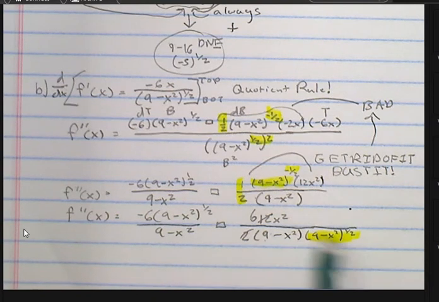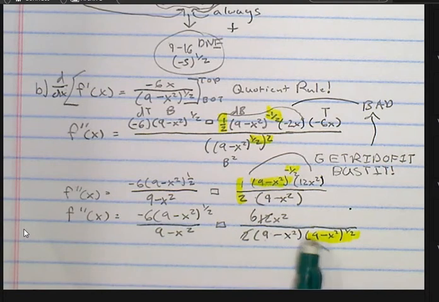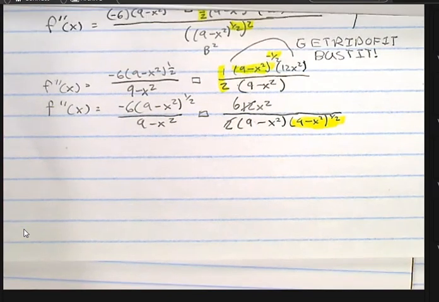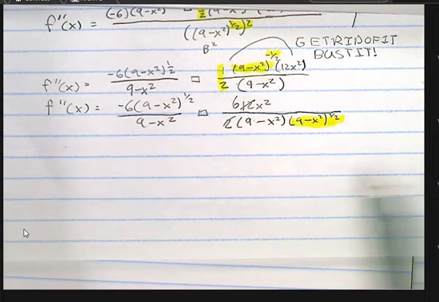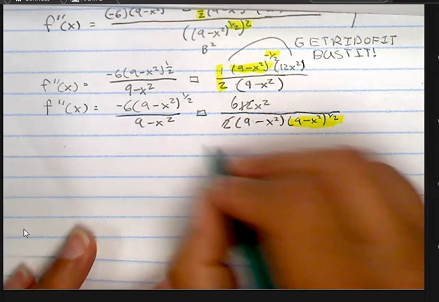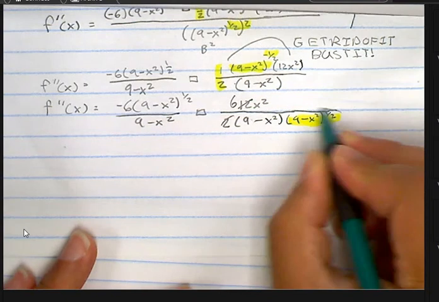Now, got to combine. Need 1 fraction in order to do this. Okay. Combining fractions requires common denominators. What's this missing that this has? Right here.